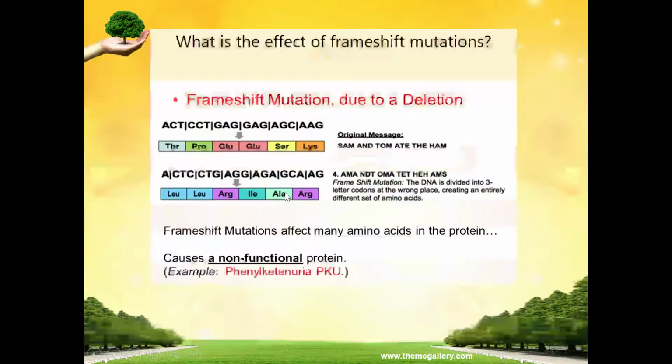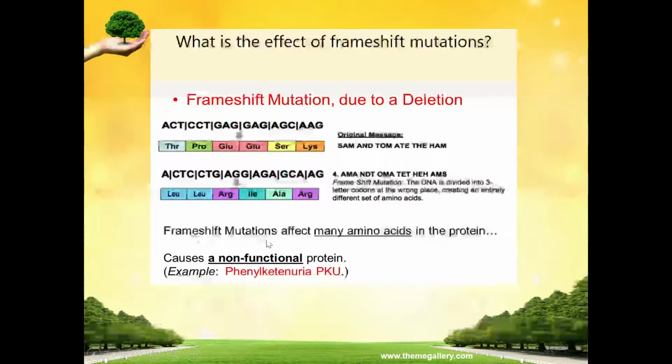Frame shift mutations are among the most damaging changes to the coding sequence of a protein. They're extremely likely to lead to large-scale changes to polypeptide length and chemical composition, resulting in a non-functional protein that often disrupts the biochemical processes of a cell.